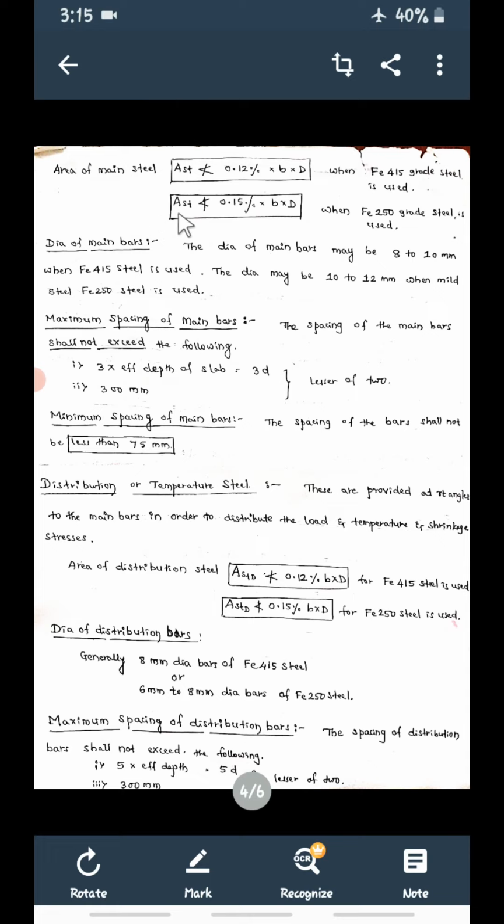Then what is the area of main steel? Again it depends on which grade of steel we are using, Fe 415 grade steel or Fe 250 grade steel.